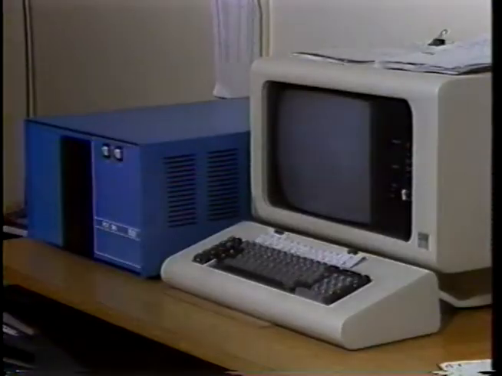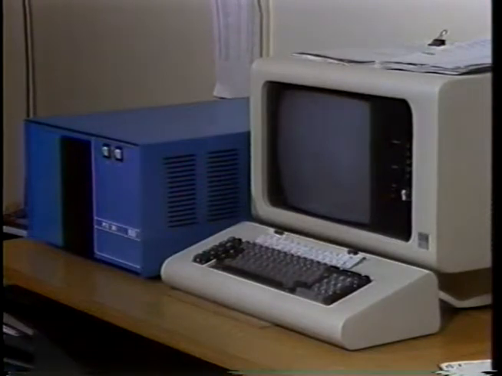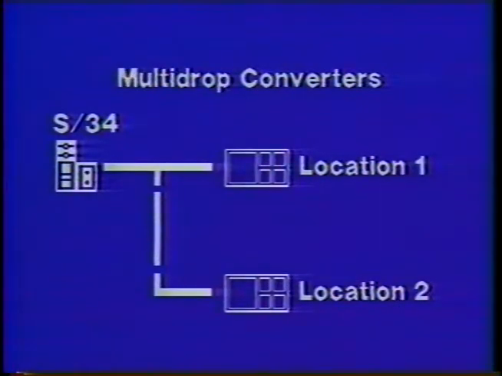If all the terminals were together at one remote site, the protocol converter itself can be remotely located with a higher speed synchronous modem. 4800 or 9600 bits per second synchronous modems are normally used to ensure good communications performance. In the case of the System 34, more than one protocol converter can be located remotely on a single port using a multi-drop line.